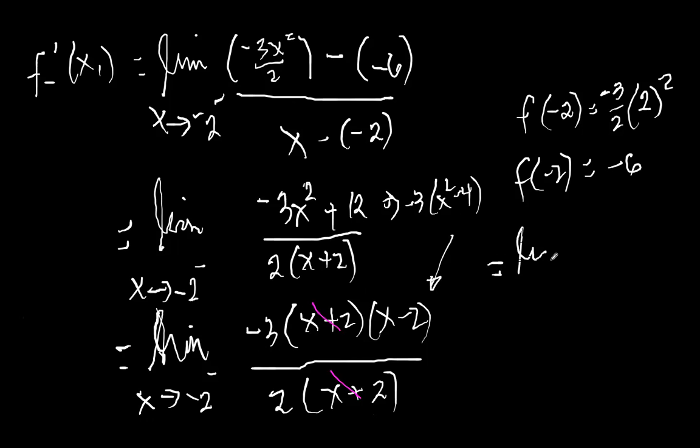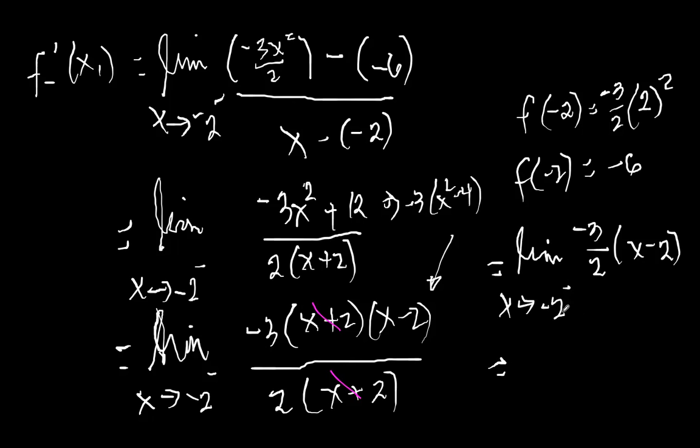So let's write that here. So the limit is -3 over 2 times x minus 2, as x approaches -2 from the left.